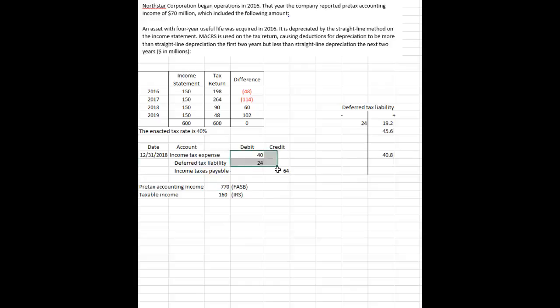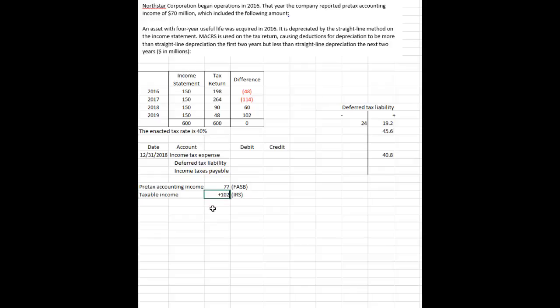And then lastly, in the last year, 2019, we have pre-tax accounting income given to us in the problem of 77 million. Remember, that number has $150 million of book straight-line depreciation calculated into it, but the IRS says you can't take that much because you took some of it up here already. So we will allow you to only take $48 million of depreciation, which means you have to add back the $102 million to the 77 million.